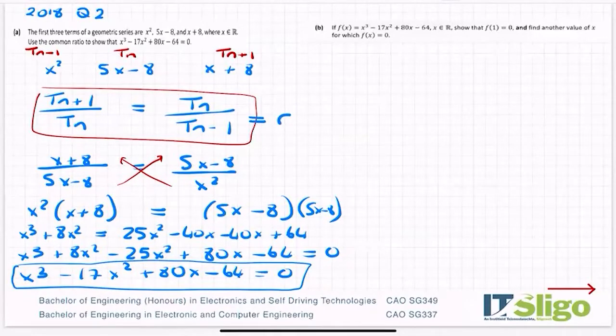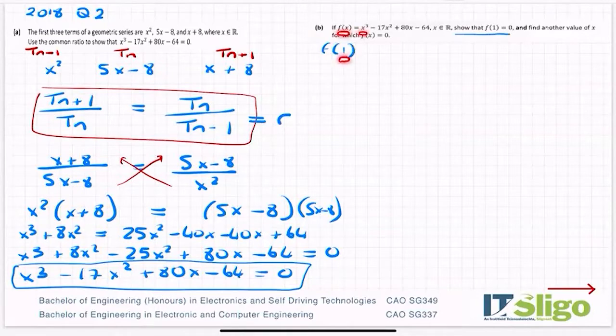If f of x is equal to x cubed minus 17x squared plus 80x minus 64, show that f of 1 is equal to 0 and find another value of x for which f of x is equal to 0. Okay, so we have to show that f of 1 is 0 first. So if I have to find f of 1, you can see that I'm replacing x with 1.